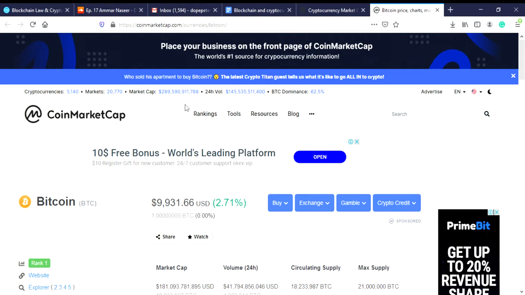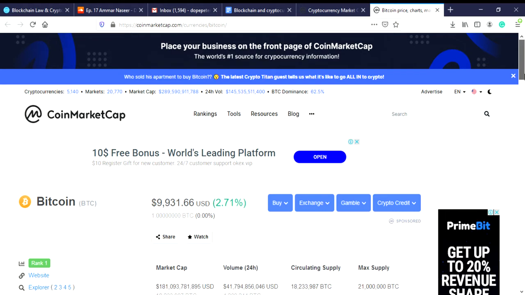And the traded amount in the last 24 hours is $145 billion. Wow. So imagine you making your own money from all this money that is moving around.